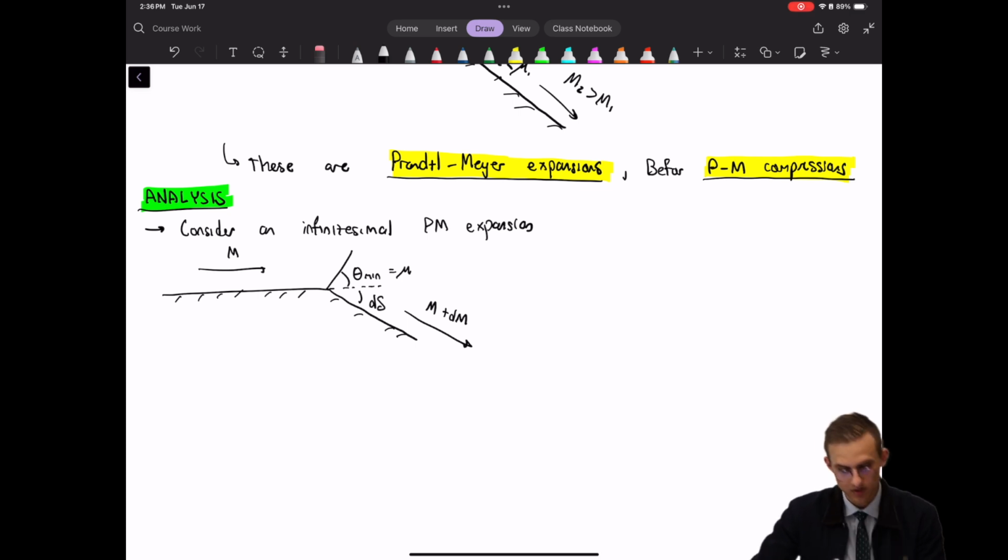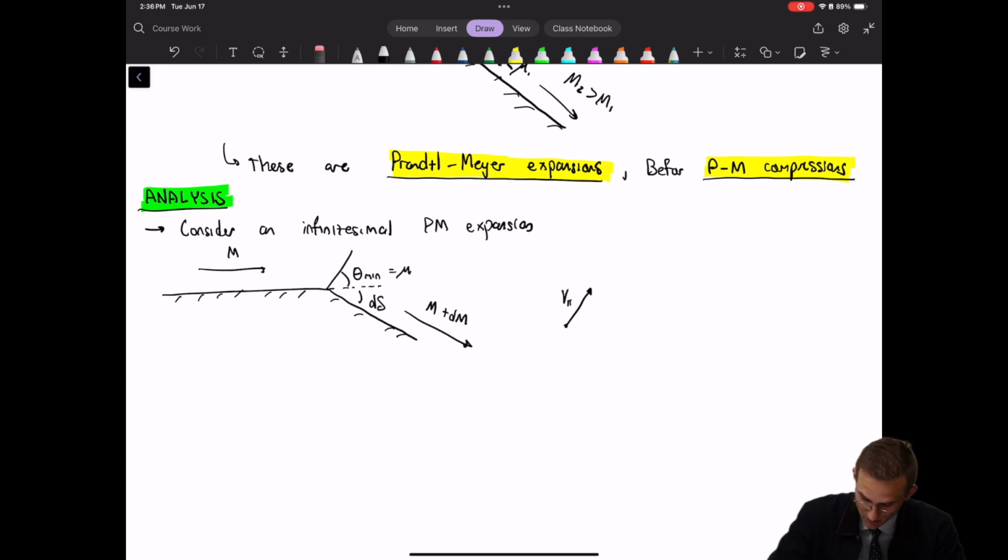Okay, so it's the same thing as an oblique shock. Only the perpendicular component of the velocity is changing. What do I mean by that? Well, we have some sort of parallel velocity, v parallel, right?